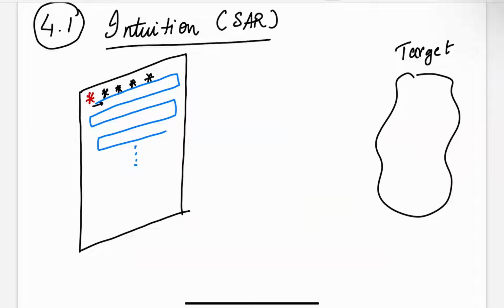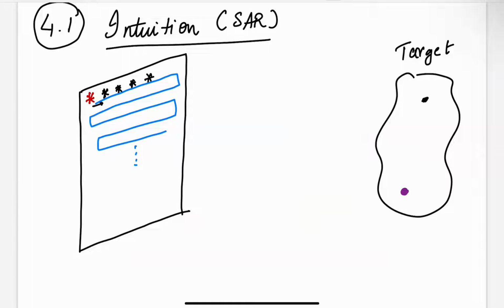Okay, so the intuition behind reconstruction is like this. Let's say I have a point somewhere here that I'm interested in, and I have another distinct point somewhere here, right?